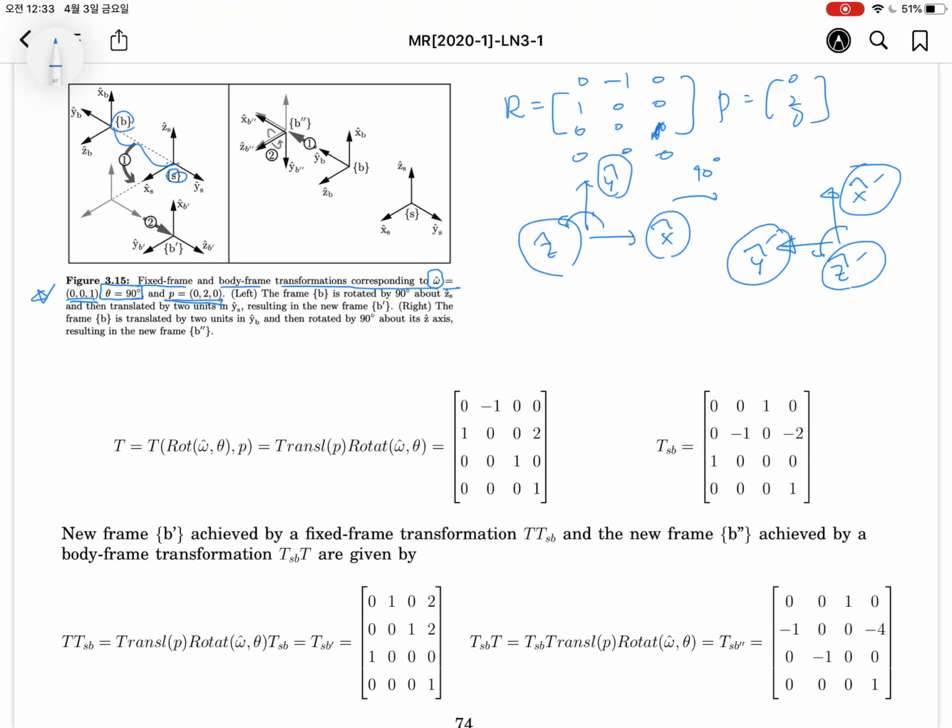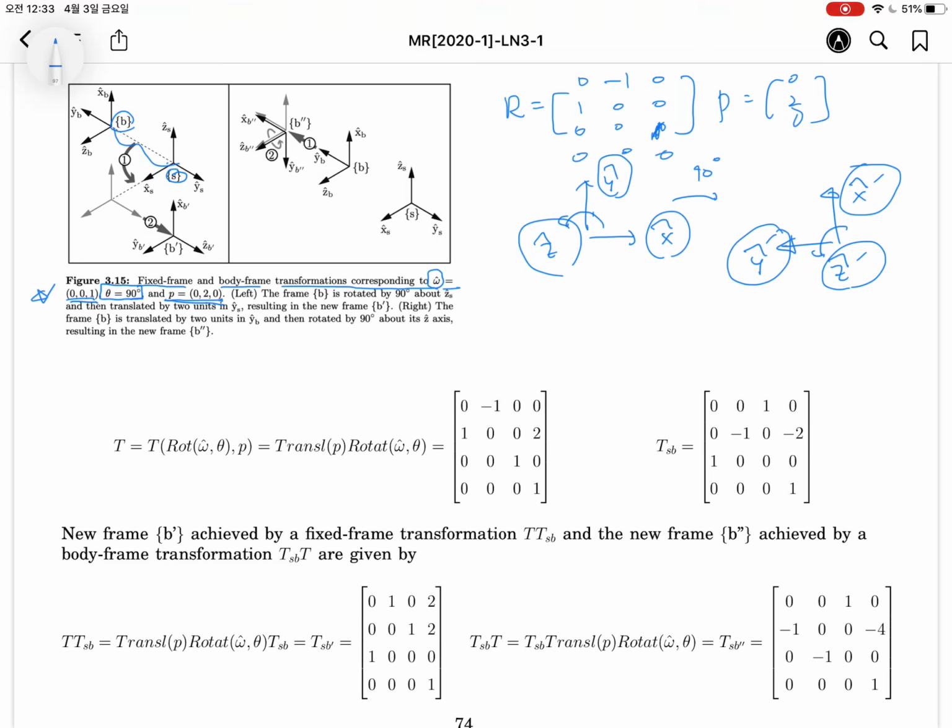Like this, we can make the 4x4 matrix: this rotation matrix, the P, and the 0, 0, 0, 1. This will act like an operator of the TSB.